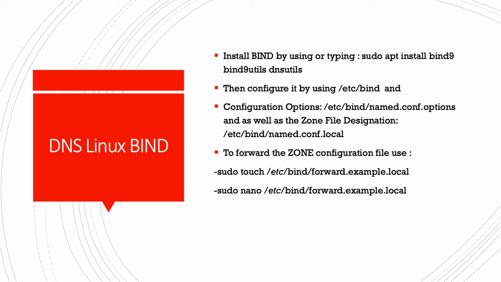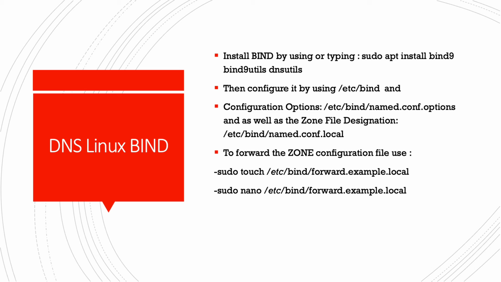With the use of DNS, there is an application called BIND. You will want to install it. On your Linux system, you will want to type sudo apt install bind9 utils dnsutils. That installs the application. Once you do that, there are ways of configuring the directory, using configuration options and the zone file designation.